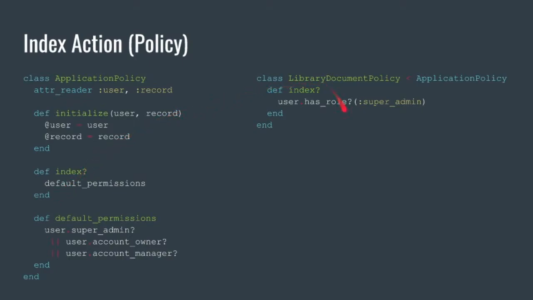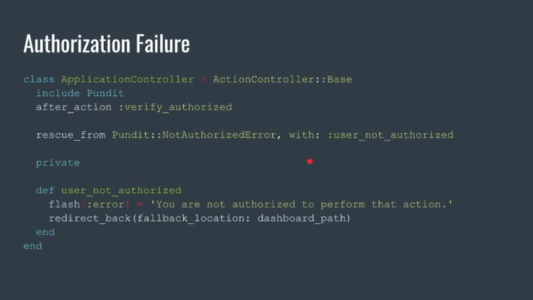If you needed to override them, you would do so in the implementation of the policy for that specific model. In this case, the default permissions for the index action aren't appropriate, so instead we're saying only the super admin can view a list of library documents.